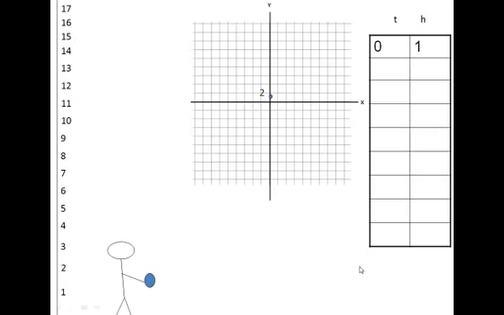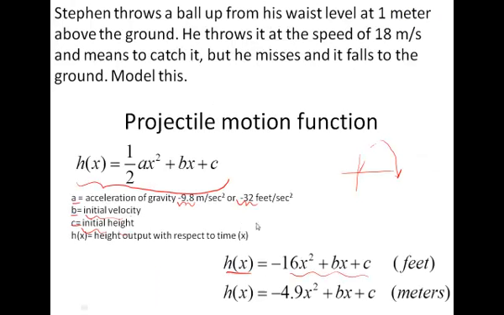So let's just demonstrate what's going on. At t equals 0, he just has that ball at a height of 1. That was 1 meter above the ground, and I am doing it in meters. After 0.9 seconds, it's going to be at 13.2, because if you went back to this equation, I should fill these in. B is going to be 18, C is going to be 1.